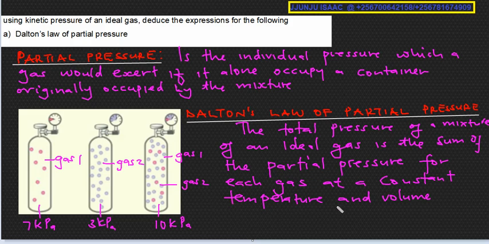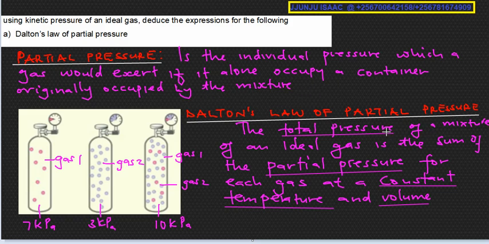But you have to note that temperature and volume are kept constant. So the total pressure will be equal to the sum of the partial pressures. And the partial pressure, as I have said, is the individual pressure which the gas would exert if it alone occupied a container originally occupied by the mixture.